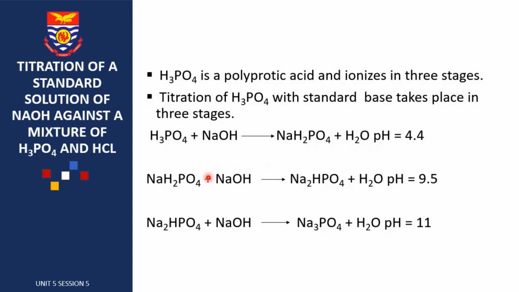It further undergoes ionization when we add more base, and another proton is replaced. So these are the stages that we would have to go through when we ionize phosphoric acid. We are going to apply these in the problem that we are going to solve.